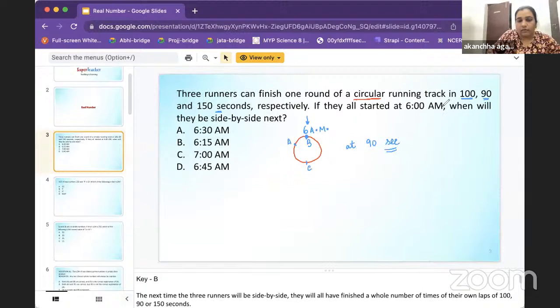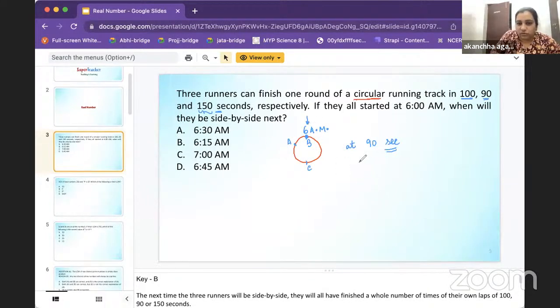Now, what we want to know is when they all will be together again. So one thing is obvious, that within 150 seconds, they cannot meet, because the first person would just have completed the first round and the other two people would be somewhere else. So how can we find it?